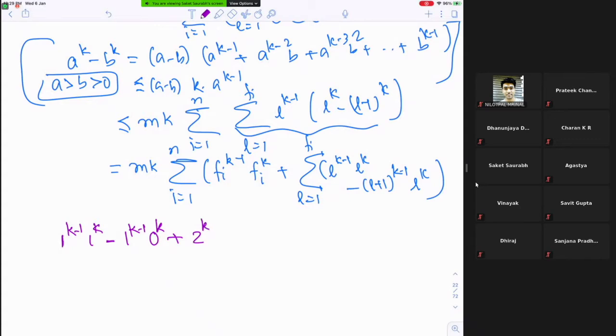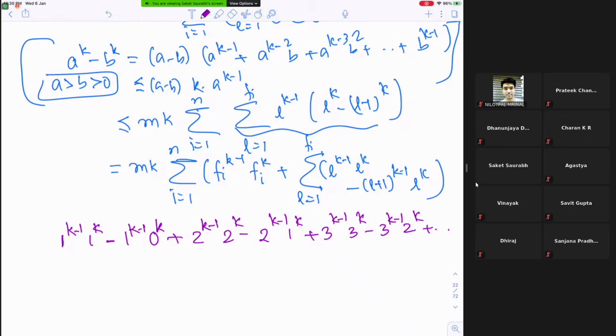So I'm going to get 2^{k-1}, and what is this? 2^{k-1} times 2^k minus 2^{k-1} times 1^k. Plus 3^{k-1} times 3^k minus 3^{k-1} times 2^k, and so on and so forth.